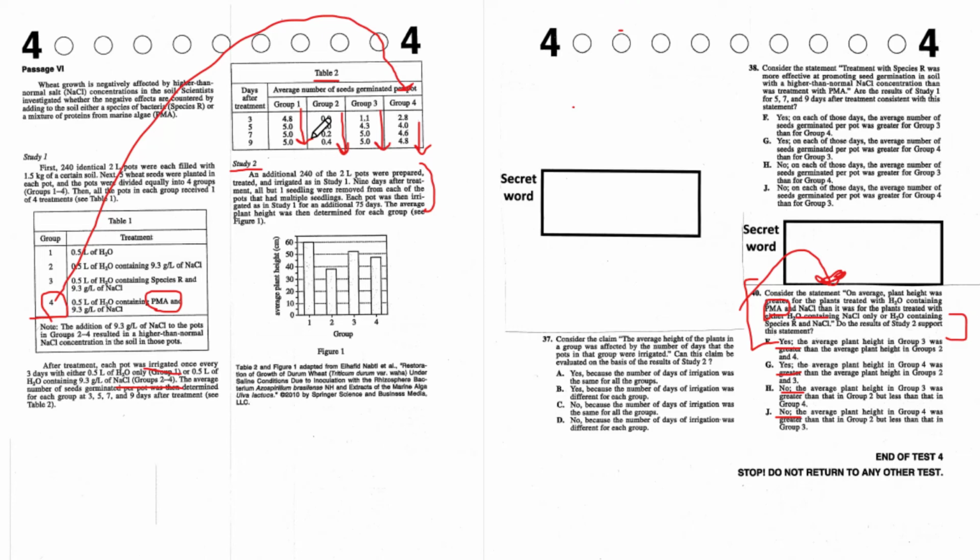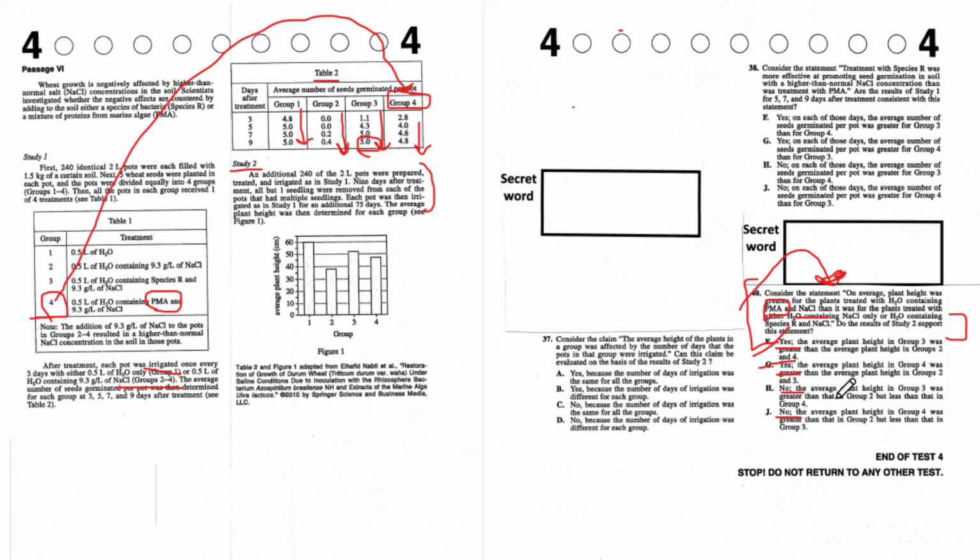Consider the statement, on average, plant height was greater when you had water with PMA and NaCl than with the other stuff. So is this a yes or a no? So group 4 is the only one that's got PMA. So if the answer is yes, that means the largest number has got to come from group 4, but that's not true because group 3 is larger, so the answer is going to be no. Cross out the yeses.